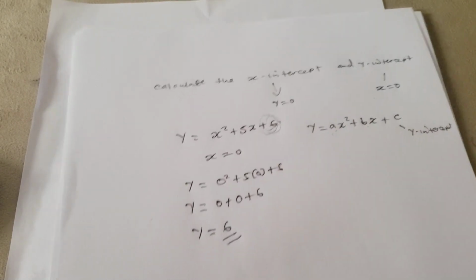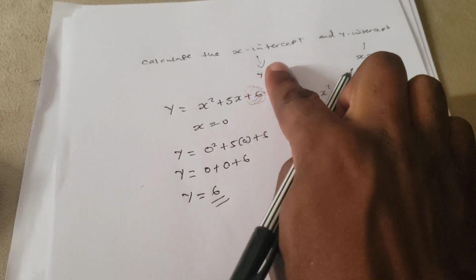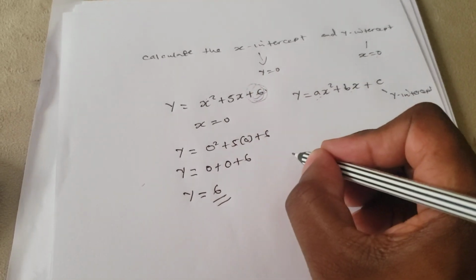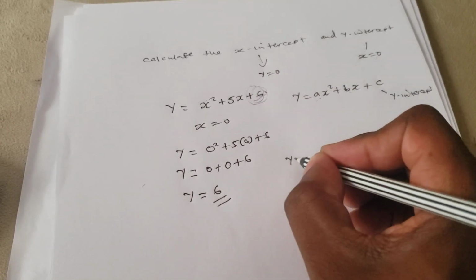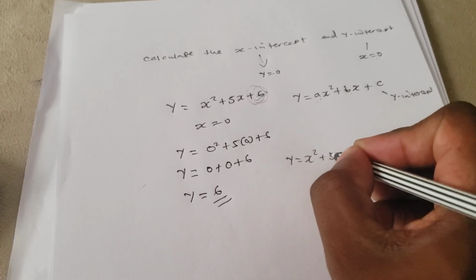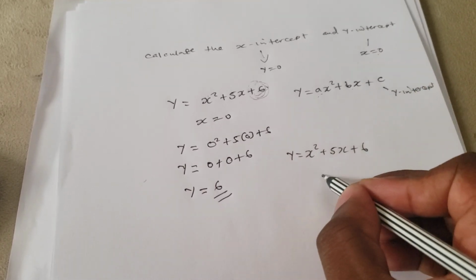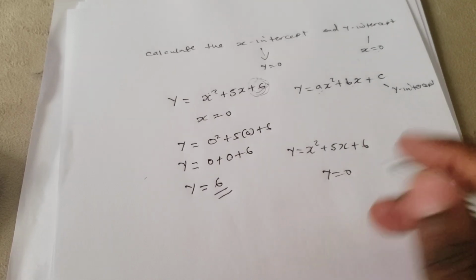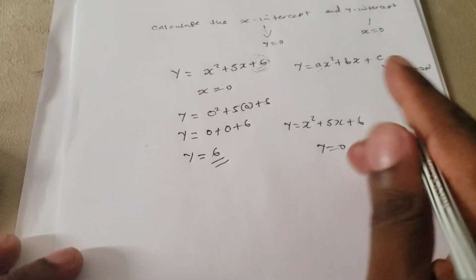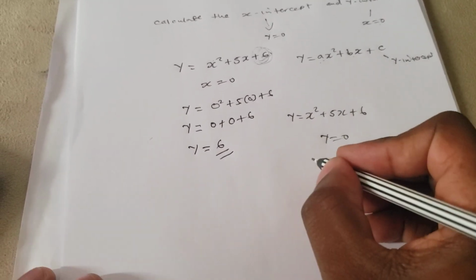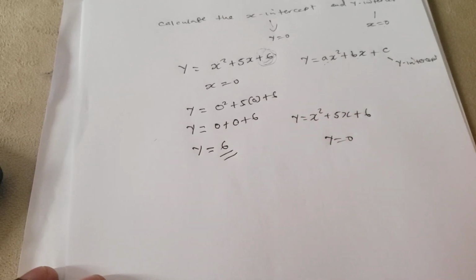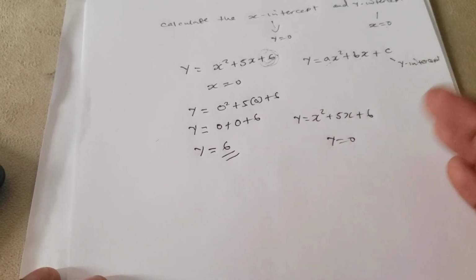Then if we are now finding the x-intercept, we say y is equal to x squared plus 5x plus 6. If we are finding the x-intercept, that means our y is 0. So for this one we come up with a quadratic equation, which means we can find the roots.